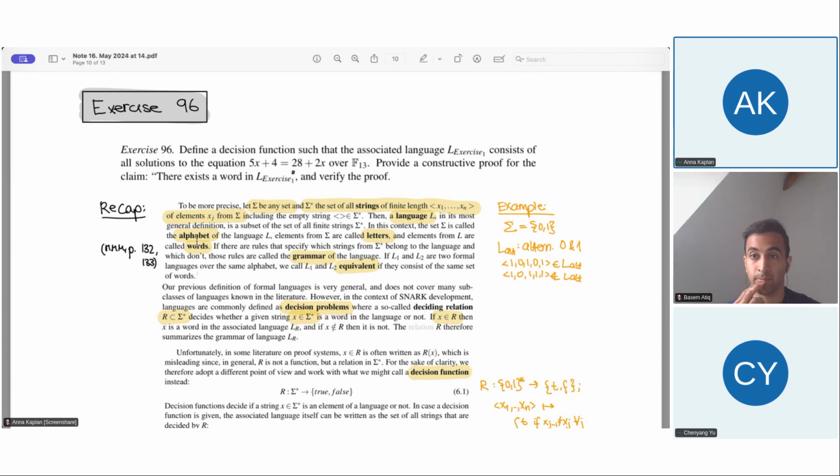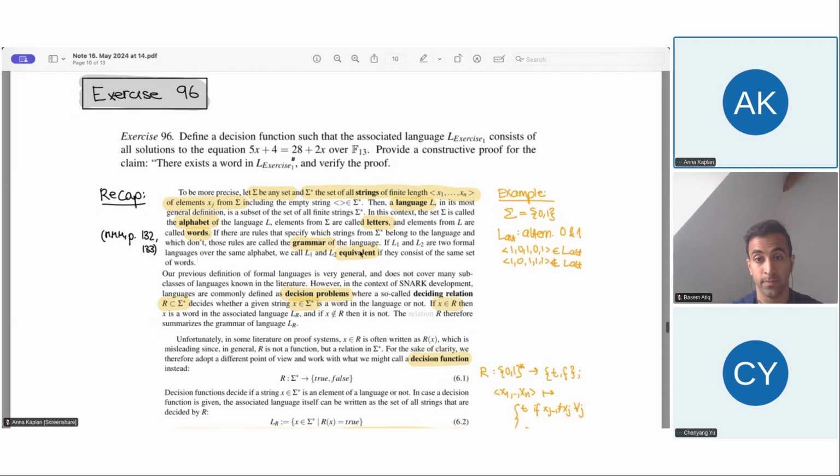This set is called the alphabet of the language, and the elements are called letters. If we build elements from it, these are called words. And the language, of course, has some kind of grammar, and we say that two languages are equivalent if they have the same set of words.